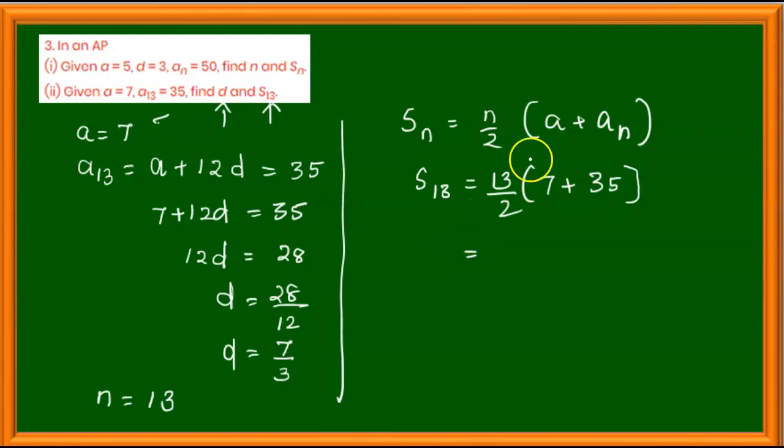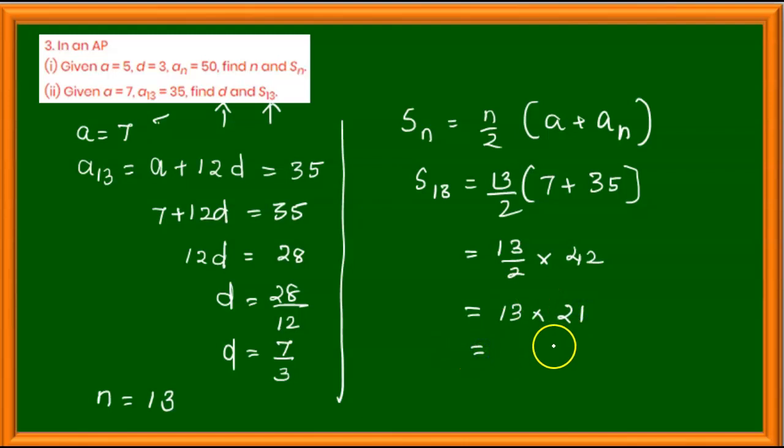So calculate this one. 13 by 2, 7 plus 35. Yeah, it is 42. Correct. So 42 by 2, into 13.